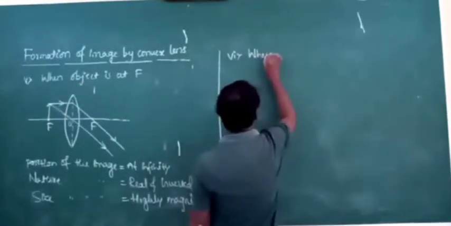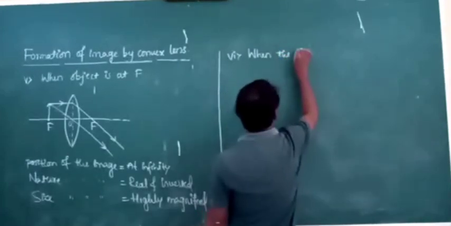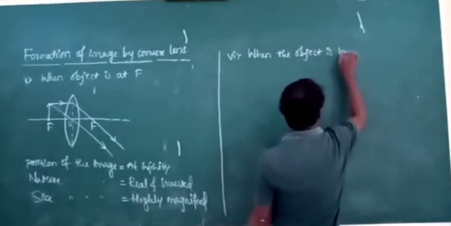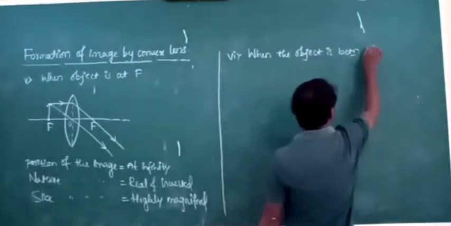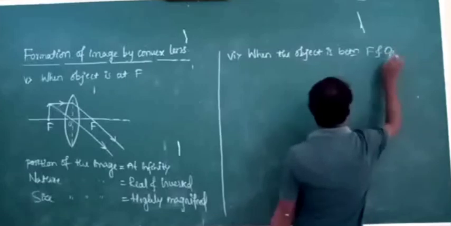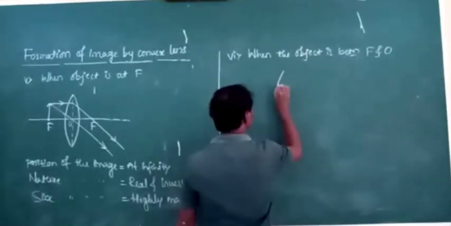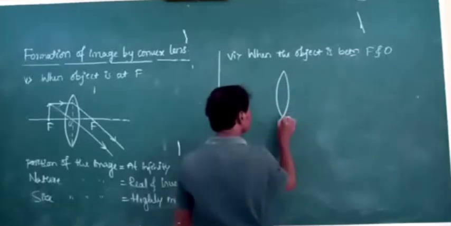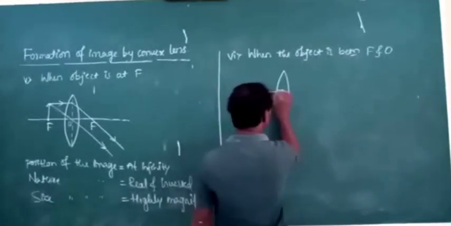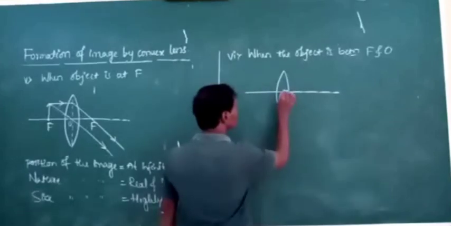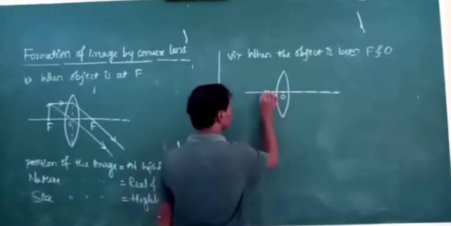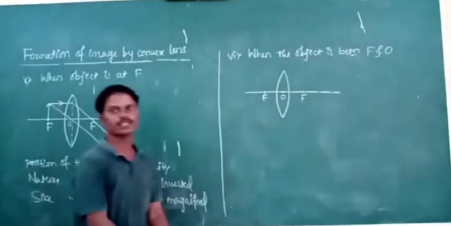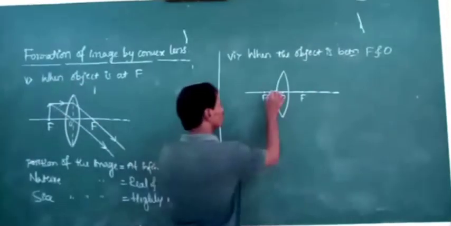When the object is between F and O, this is O, this is F, and this side also F. Okay, where is the object now? In between F and O.